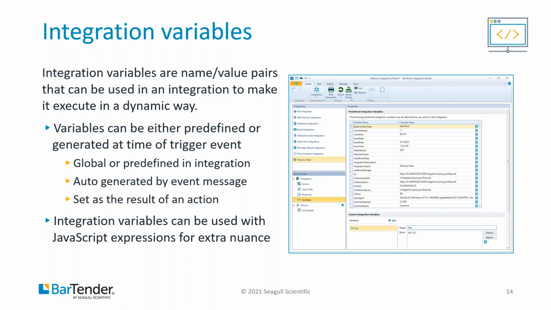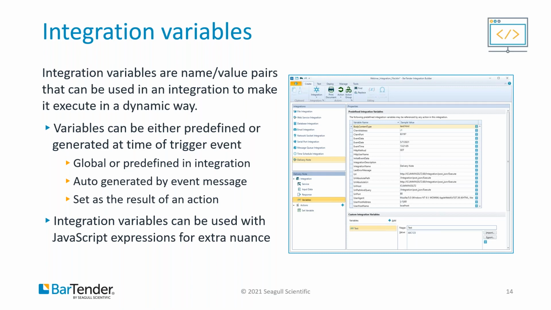So how can you set a value of a variable? Well, this can be done either in the predefined way, generated as part of the event message, depending on the type of event message and the content. And also, a variable can be set as a result of an action. The most obvious example would be the set variable action, but there are others.